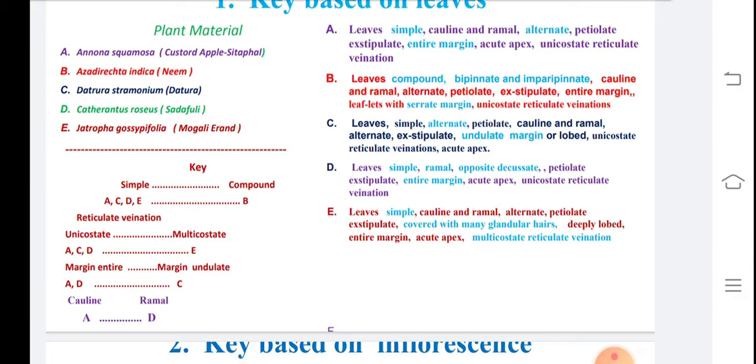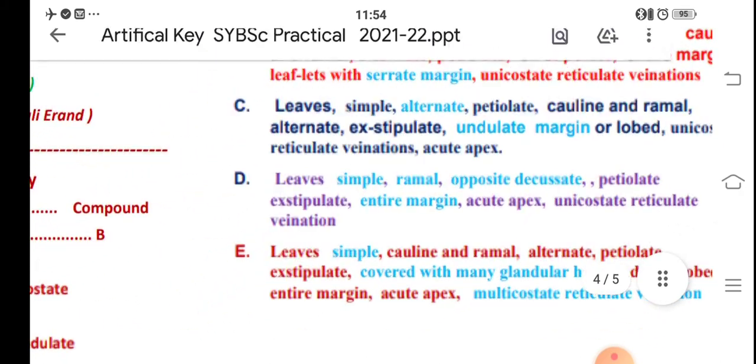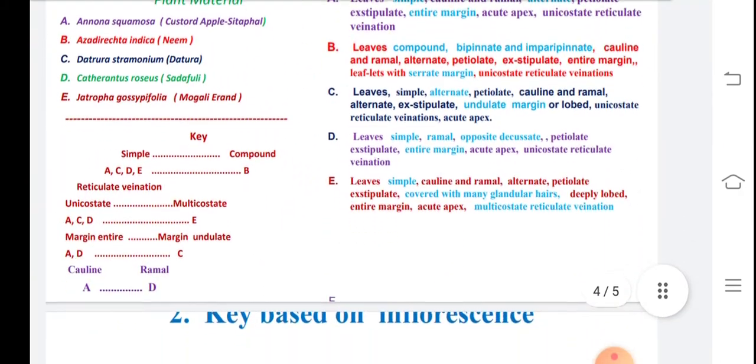Then again the first group is divided: reticulate venation is common, but A, C, D show unicostate and E material having the multicostate. Again A, C, D are divided in dichotomy. So margin is entire and margin is undulate. So this is the A and the D material, margin entire, and the C material is having the margin undulate, right?